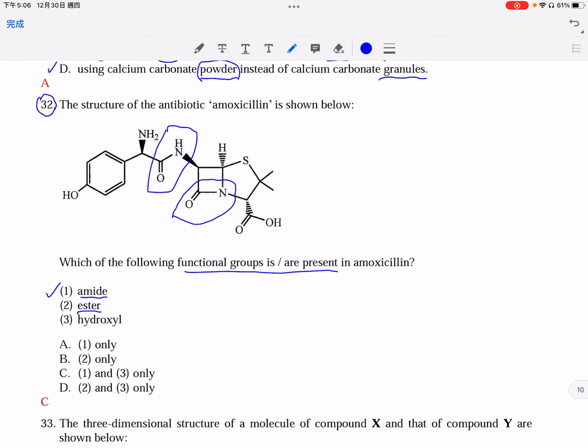Ester should have the part like this. So you cannot find such a part. So absence of ester functional group. Hydroxyl group is of course OH. So you find the hydroxyl group here. So the answer is C.